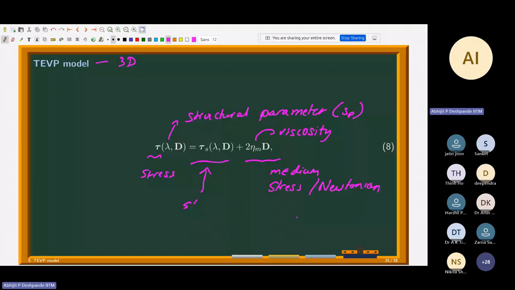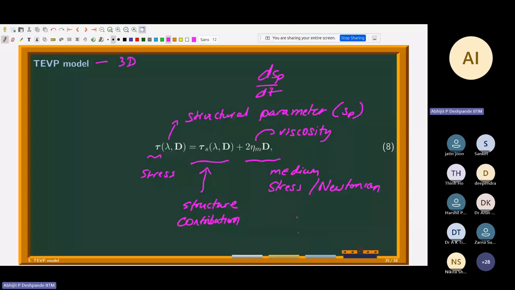So this is the way the hypothesis is, and we can see that stress is already being made a function of structural parameter.